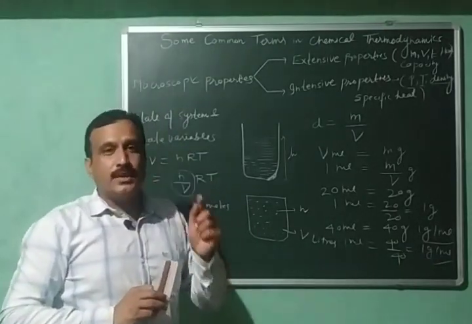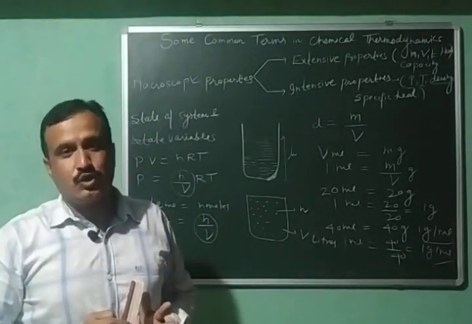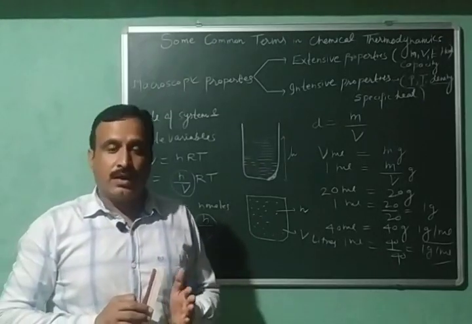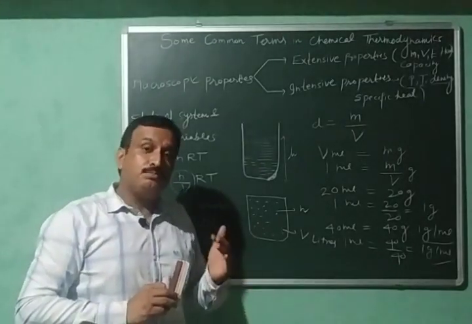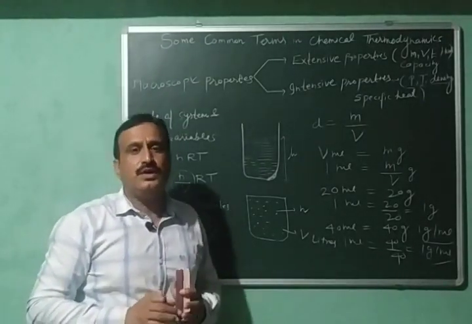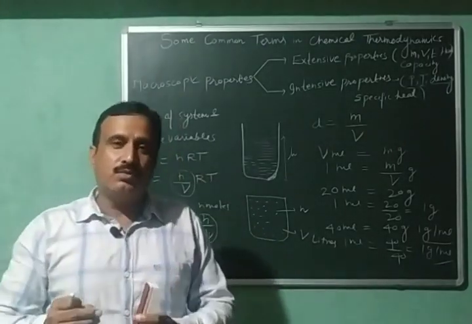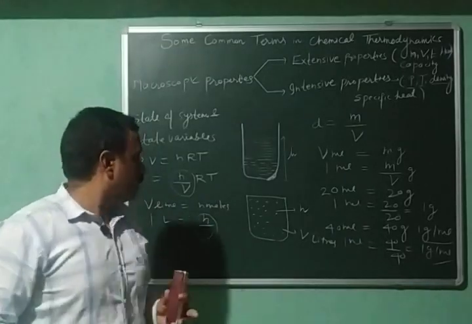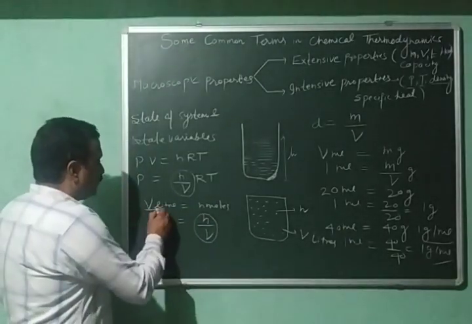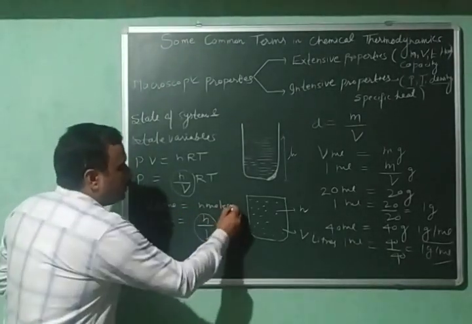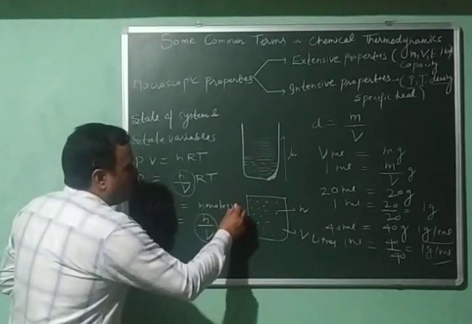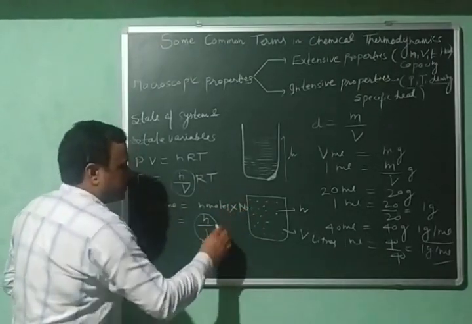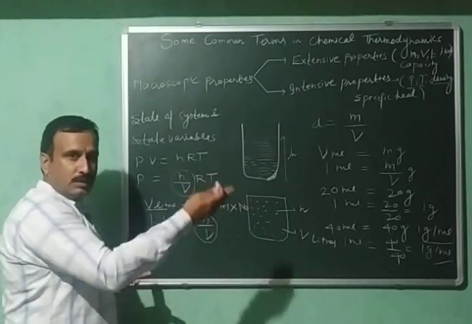So this is called molar density, and it is also called particle density, because we can easily convert the number of moles into number of particles by multiplying with Avogadro number. For example, in V liters we have n moles, so I will multiply the number of moles with Avogadro number, and it will be converted into the number of particles.